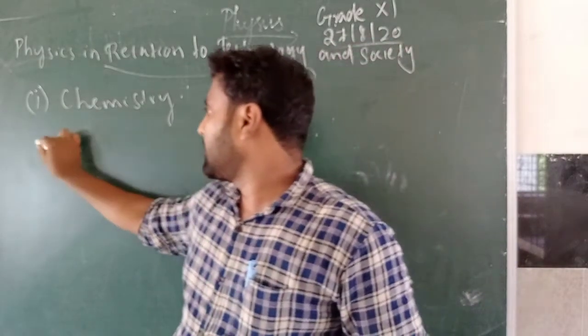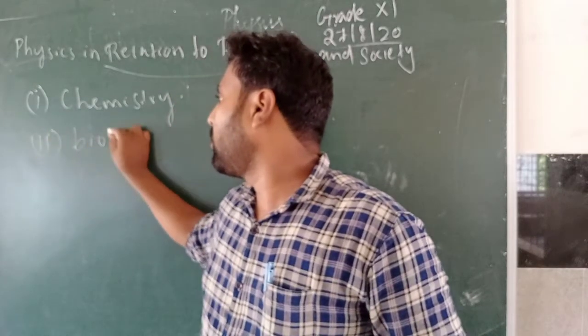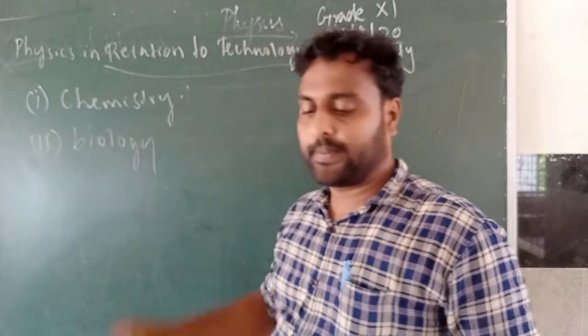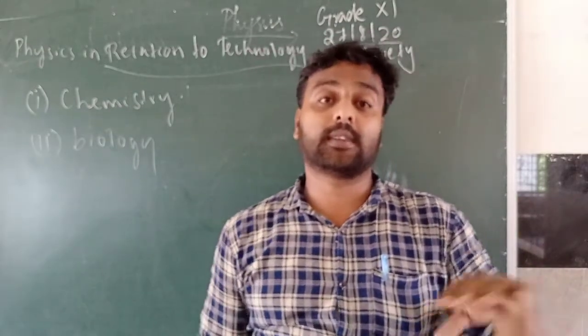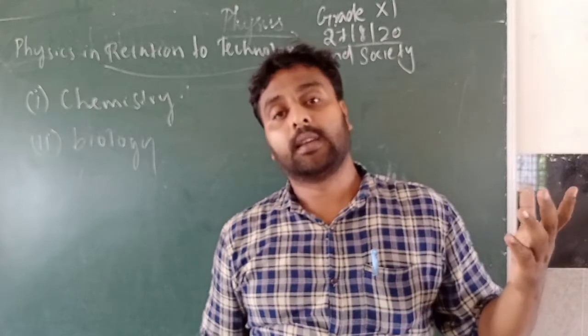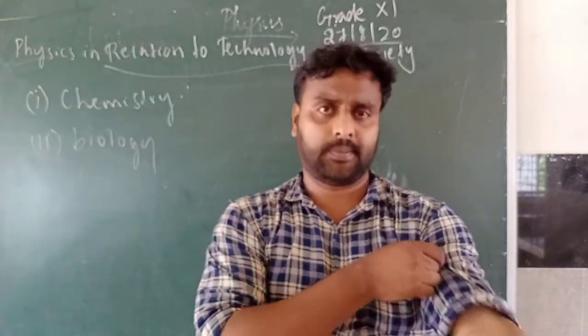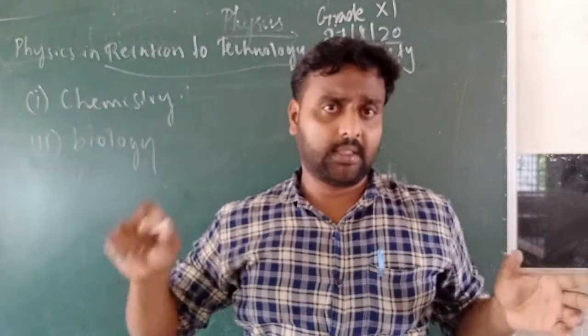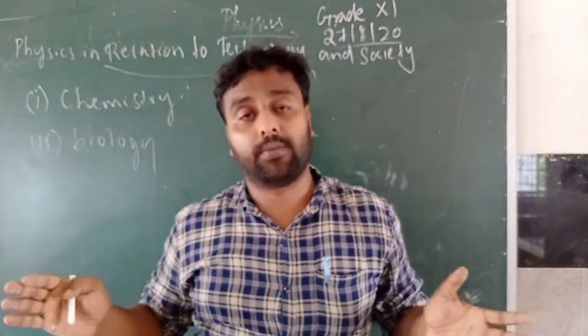Next one is how physics is related to biology. In biology, we are studying about living things, and physics helps biology. Without a microscope, biology study is very, very difficult.